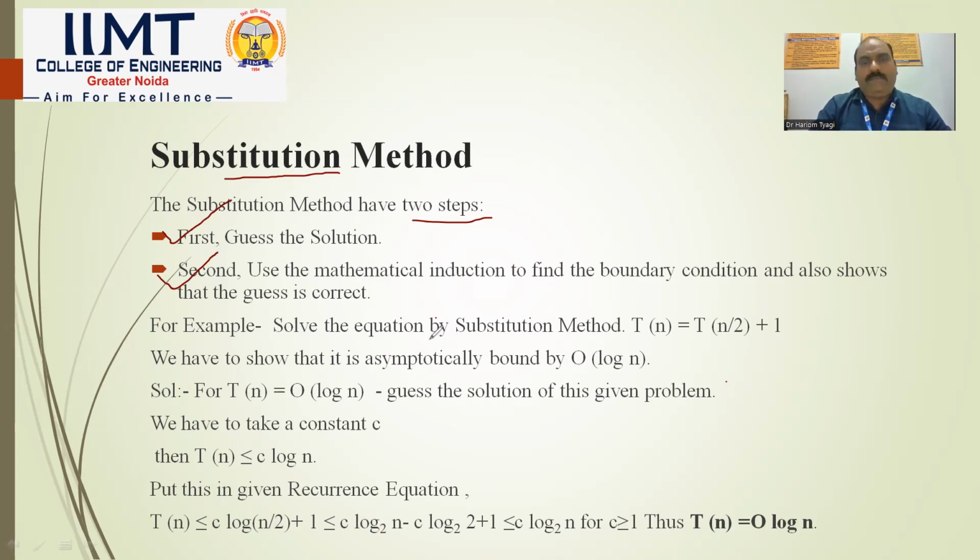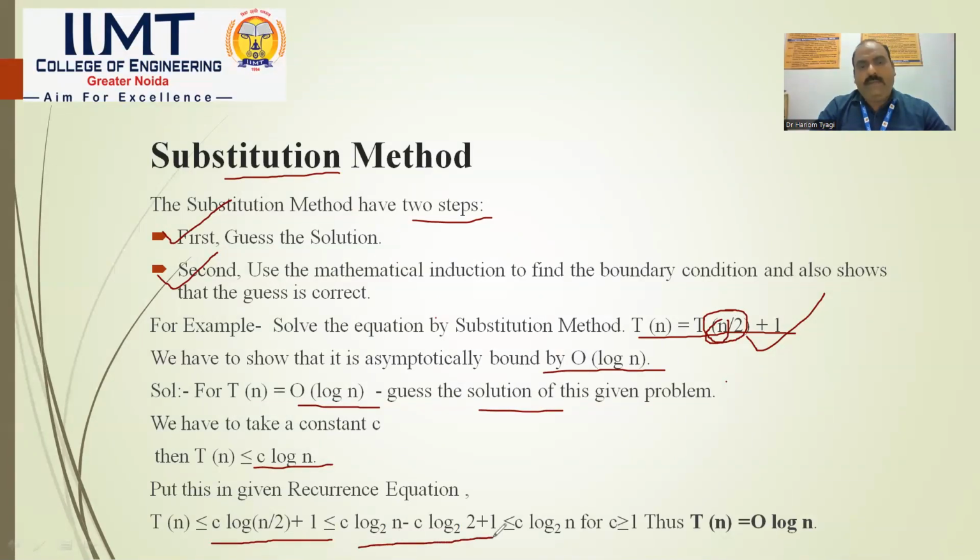For example, Tn = T(n/2) + 1. We guess the solution is Tn = log n, and put it into this equation. Then T(n/2) = log(n/2) + 1, and we expand using the formula log(m/n) = log m - log n.